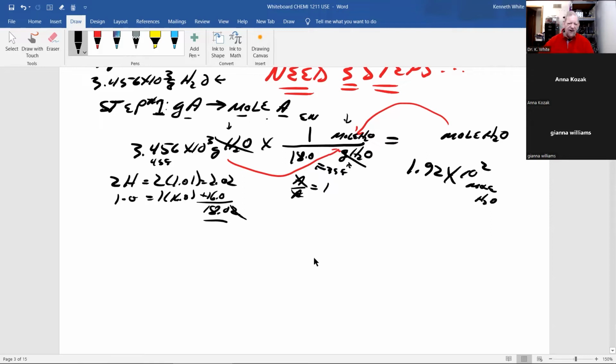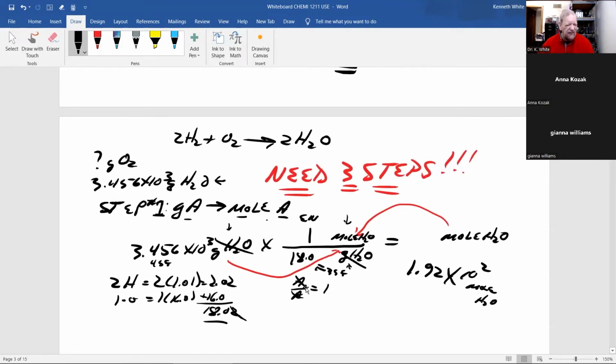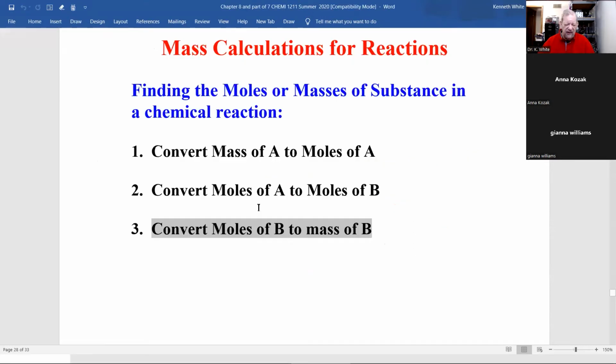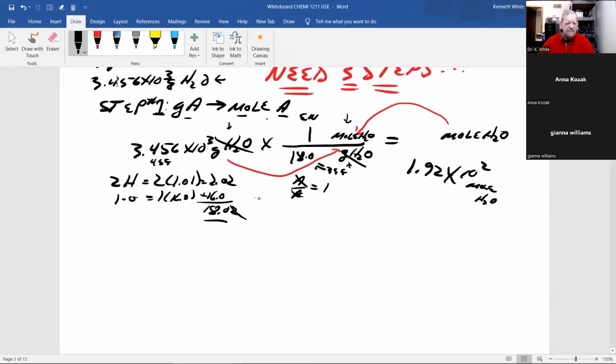Am I done? No, I'm trying to get the grams of oxygen, and you need 3 steps. And the second step is convert moles of A to moles of B. And what's A?